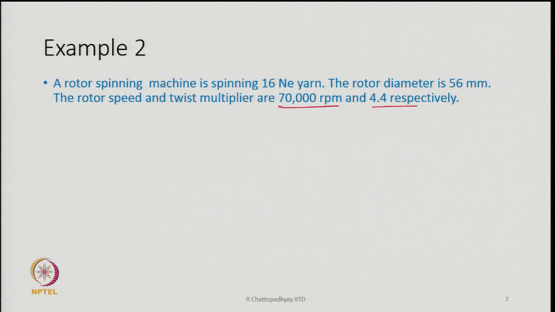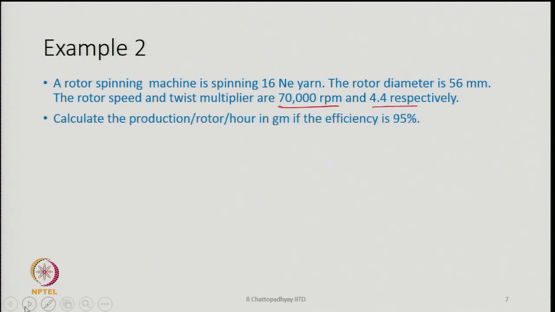This is what is given. Calculate the production per rotor per hour in gram if the efficiency is 95%. So, here the efficiency figure is given. That means 5% of the time the rotor did not work, did not produce. 95% of the time the rotor was running.